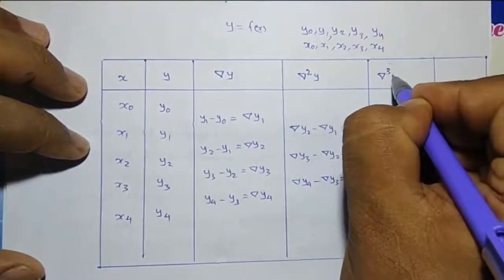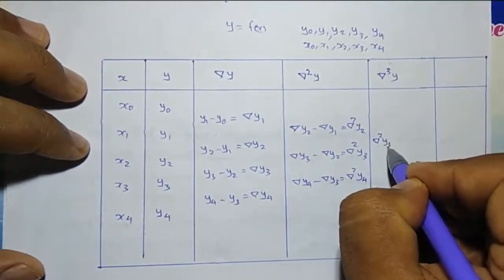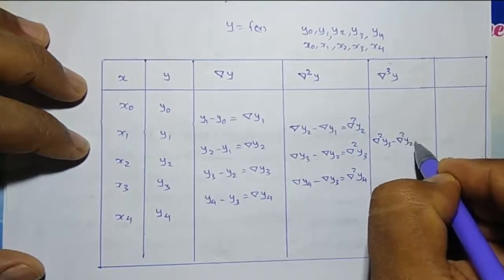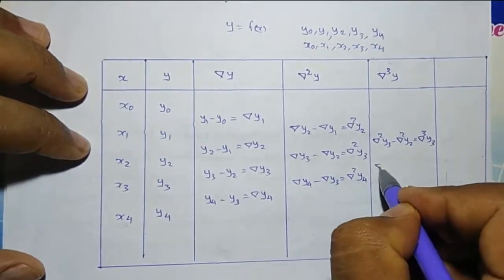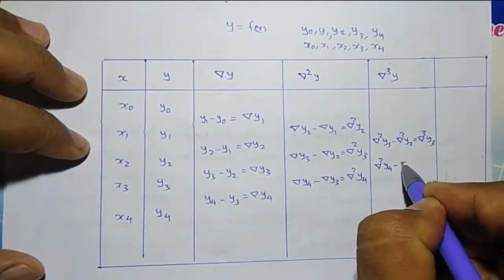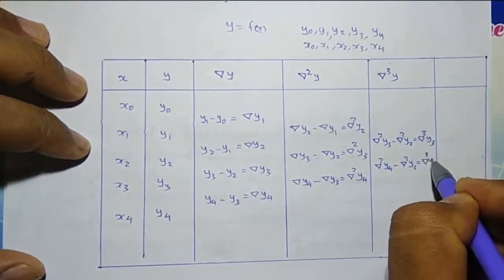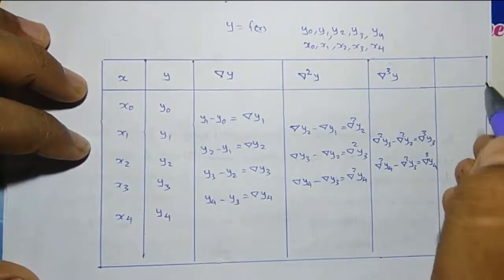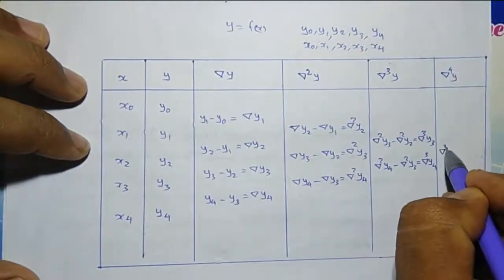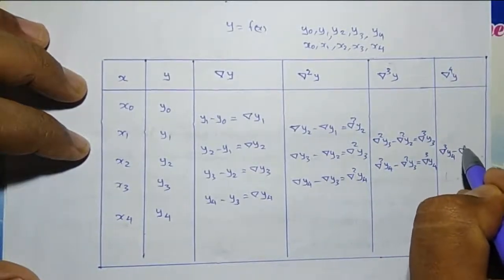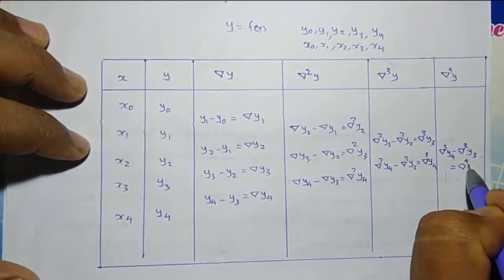The third backward differences, nabla square y3 minus nabla square y2 is nabla cube y3, and there is one more, nabla square y4 minus nabla square y3, which will give you nabla cube y4. Finally, the fourth backward difference is nabla cube y4 minus nabla cube y3, which is nabla raised to 4 y4.